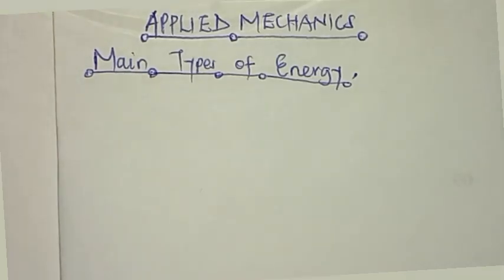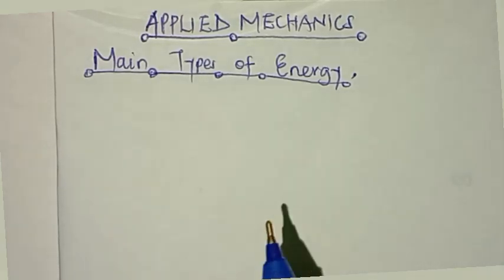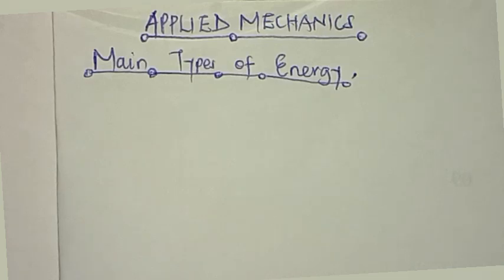Welcome to this tutorial, and here I'm going to discuss with you the main types of energy. As a student taking applied mechanics, you have to first know what energy means.